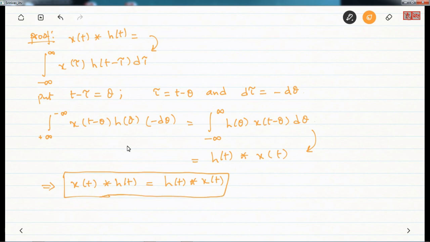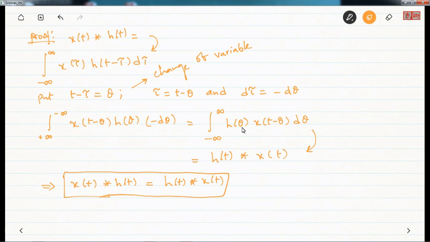All this we did by a change of variable. Simply by doing change of variable, we were able to prove this. This is a very simple proof. Here the variable tau is a dummy variable.